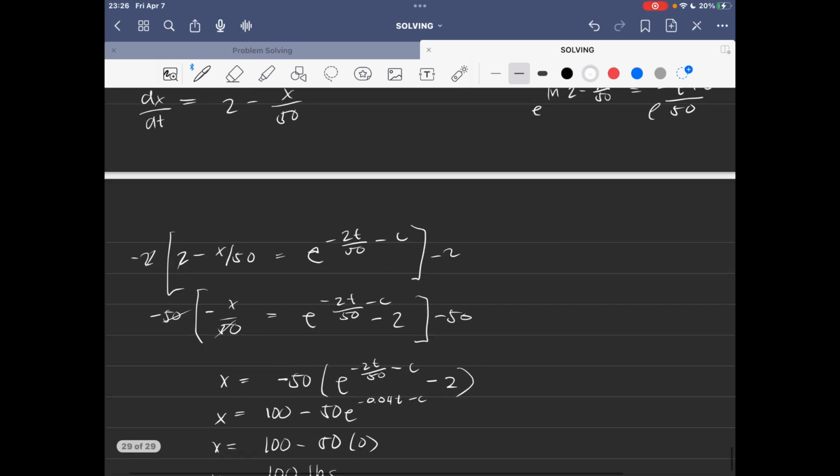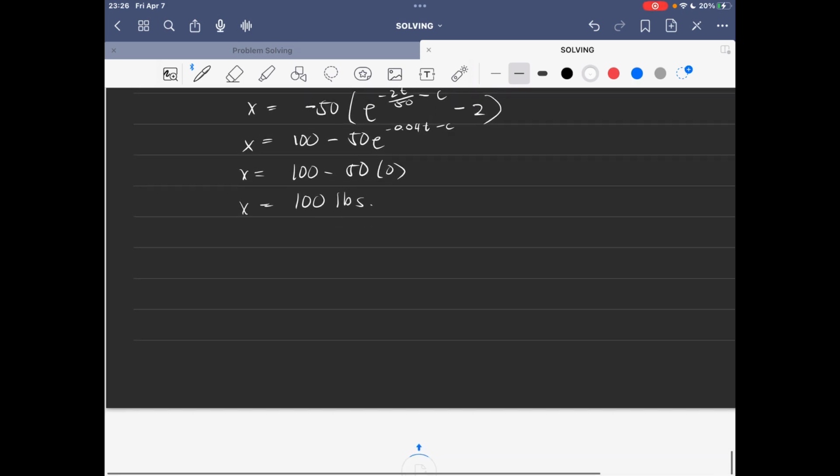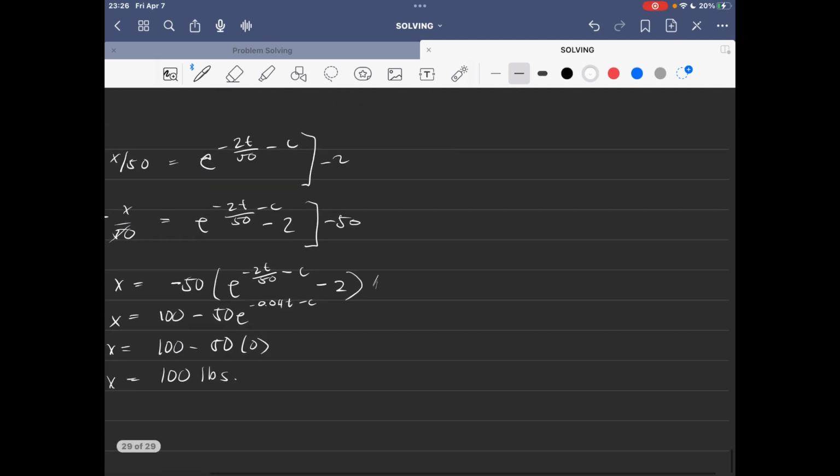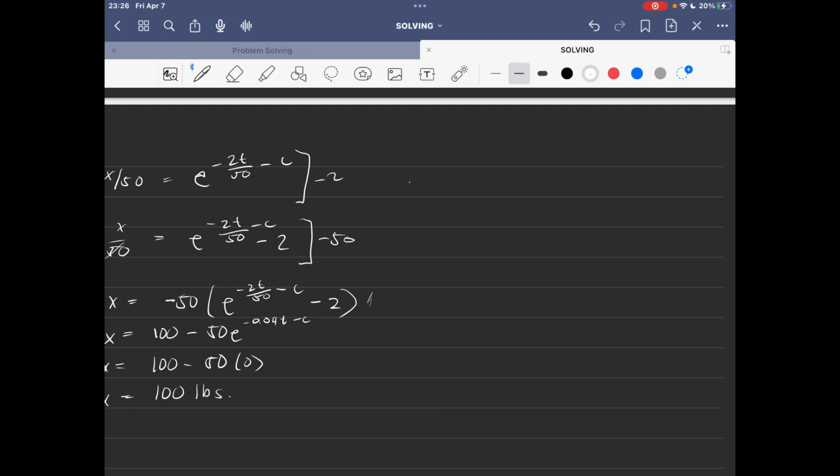Now to solve for t, we can use this equation. x is equal to 100 minus 50 e raised to negative 0.04 t minus c.